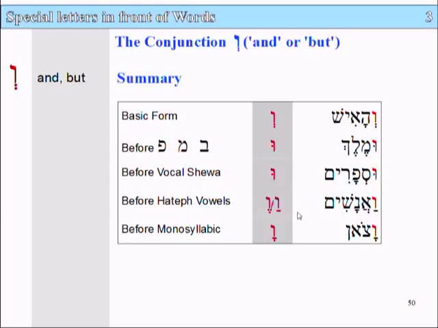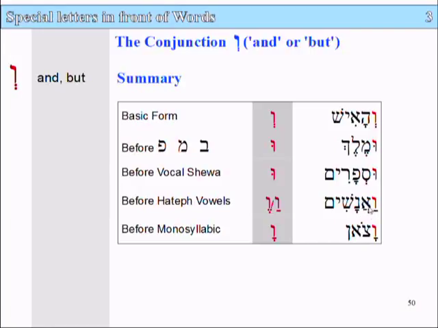Before hatef vowels, that's vowels with the two dots and the kametz or the segol, etc., in front, it takes on the lengthened vowel sound.